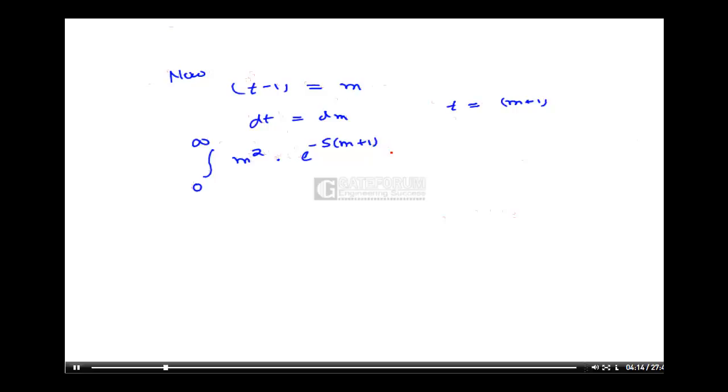Now I'll substitute t minus 1 equal to m, which will give me dt equal to dm. So my limits will become 0 to infinity, m square, t equals m plus 1, e to the power minus s(m plus 1) dm.